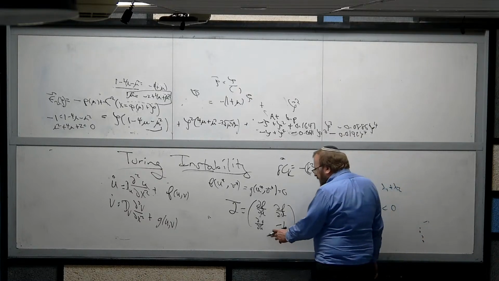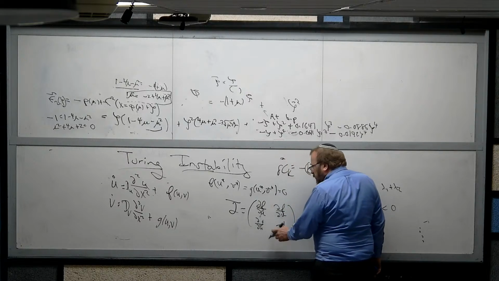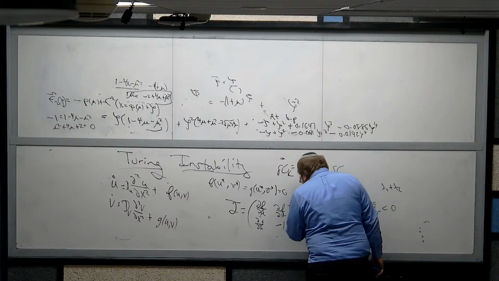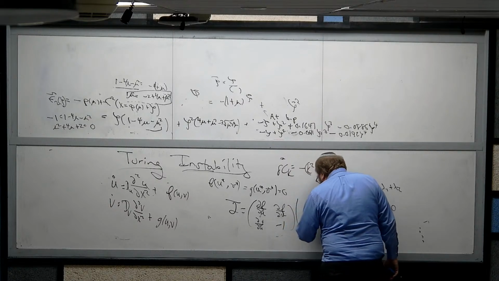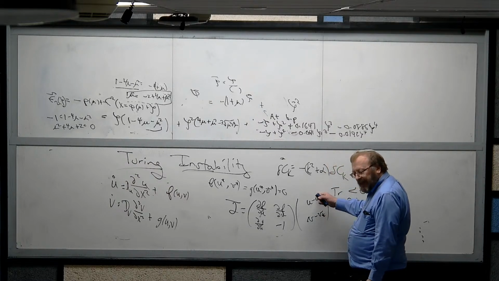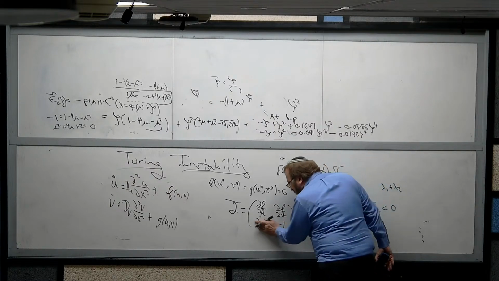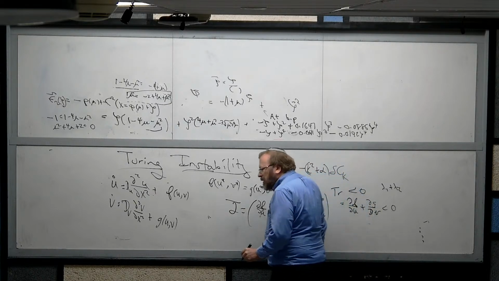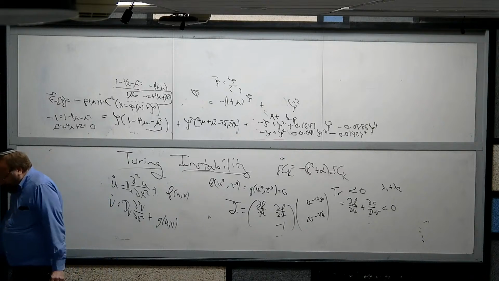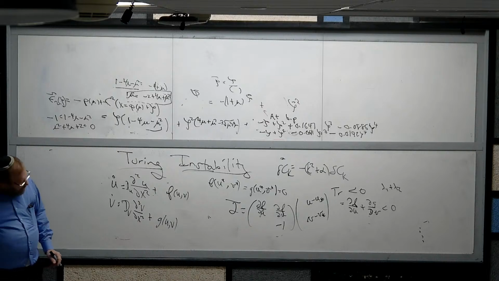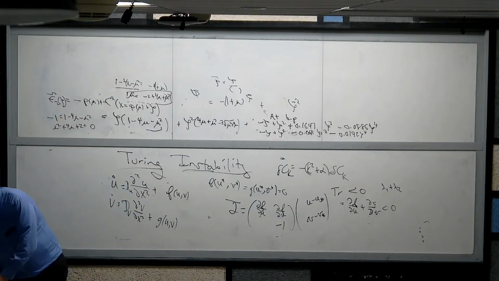And now, by rescaling delta u, because what this multiplies is u minus u star, v minus v star, delta u, delta v, I can also make this one, and I want it to be minus 1.